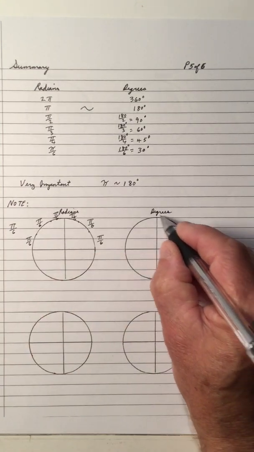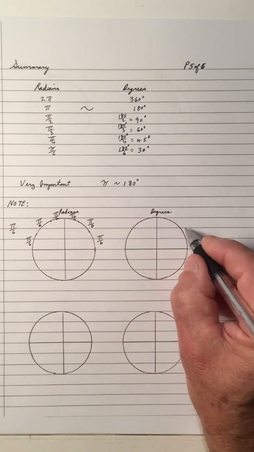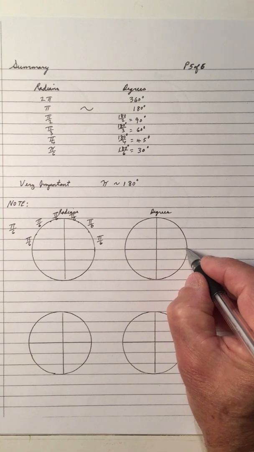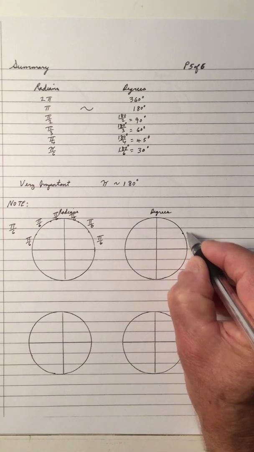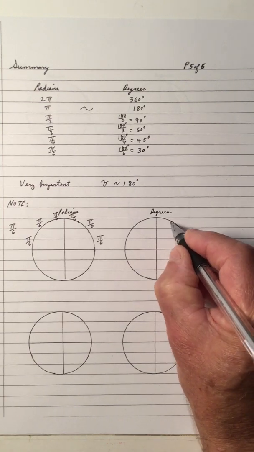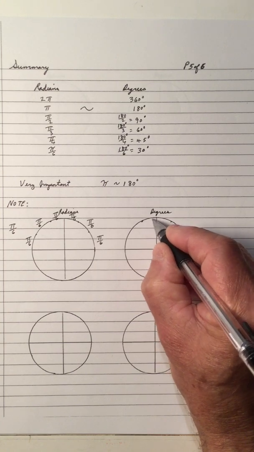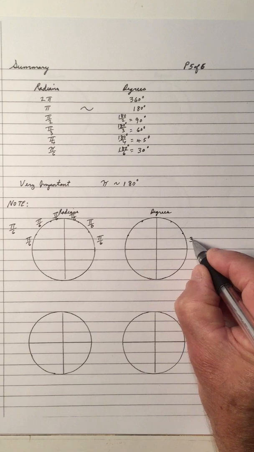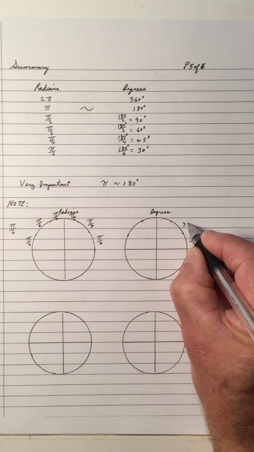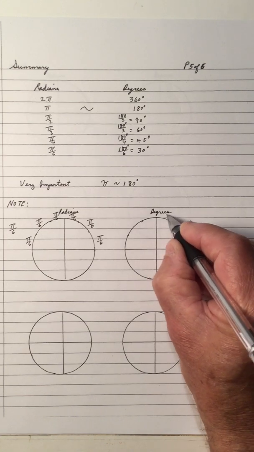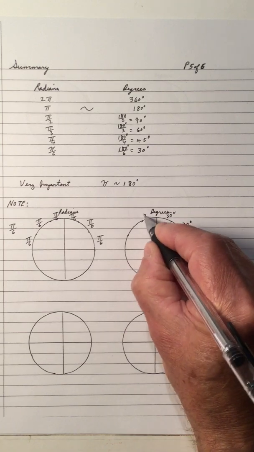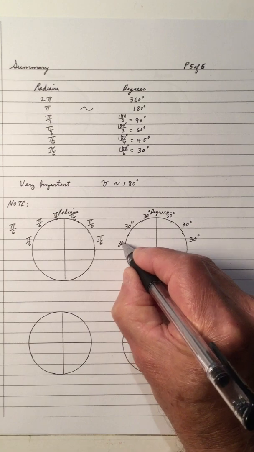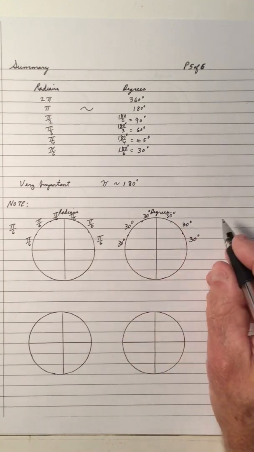So if pi is equated with 180, we take 180 and divide it into 6 pieces: 1, 2, 3, 4, 5, 6. You'll get 30 for each, and each of these is equal.